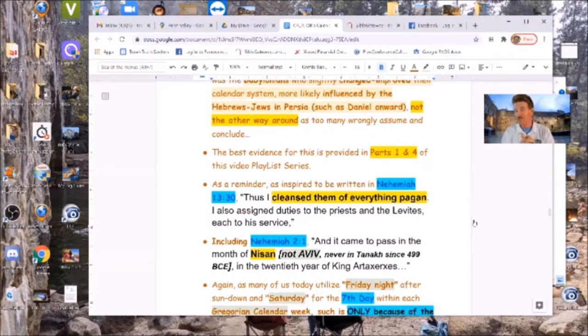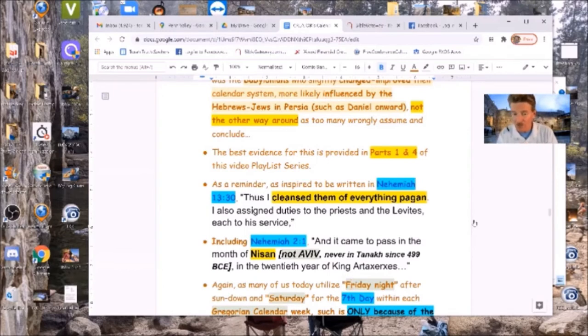He could have written Aviv if it had to be a certain state of barley, but what stage is it in? That's where oral law comes into play for those who like to go by barley, the barley believers, as I also refer to them, as I used to be.